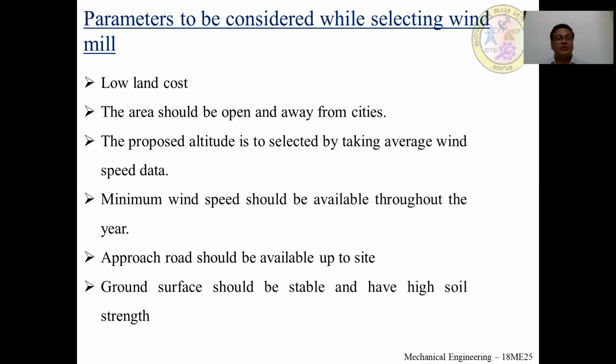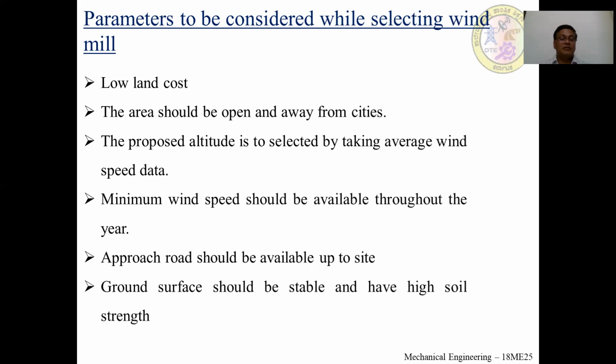So that's why most wind power plants are planned in open areas and outside the cities, at higher altitude, and they should be accessible from the roadside to transport the different components and equipment used for the power plant. And the next parameter is that the ground surface should be stable and have high soil strength.